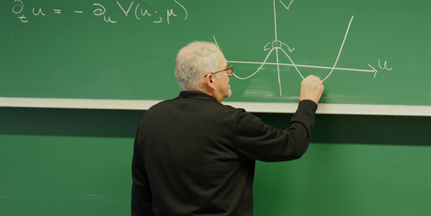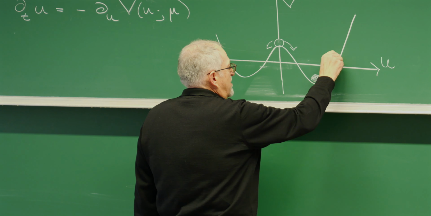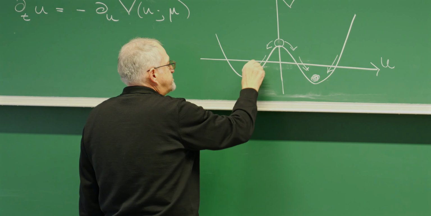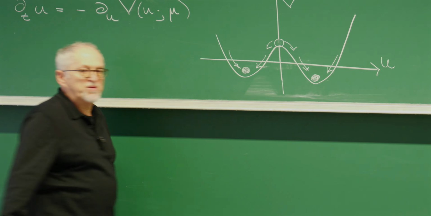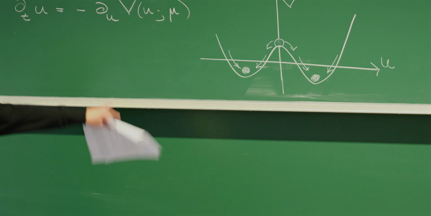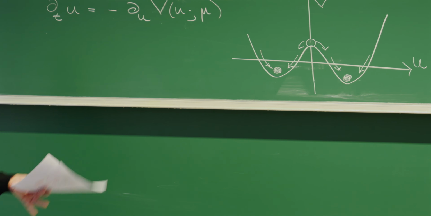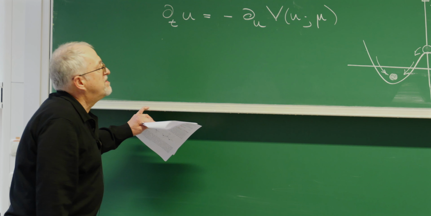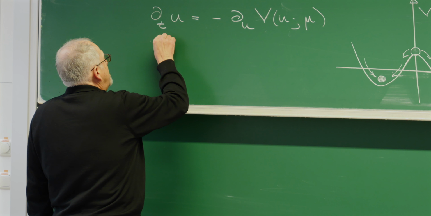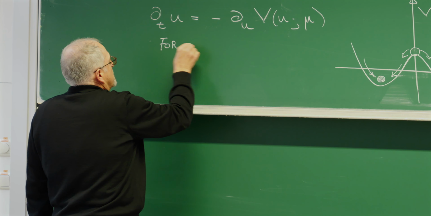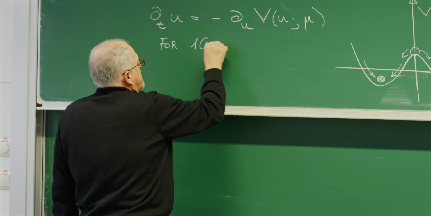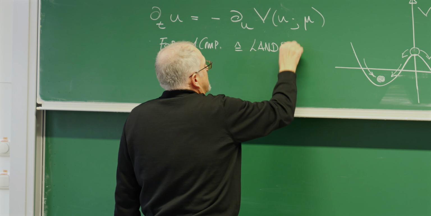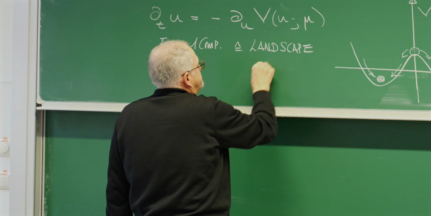While these points here are the ones that the system falls into, and they are stable fixed points, because any deviation from those fixed points will drive you back to those fixed points. So it's very important for 1D systems or one component systems. This is always equivalent to a landscape problem.